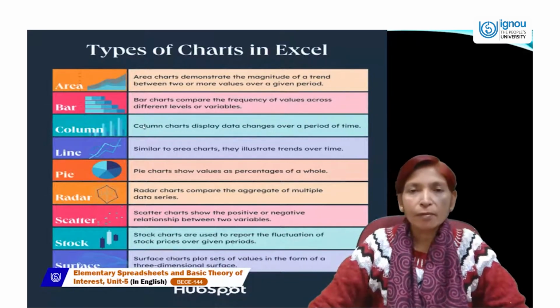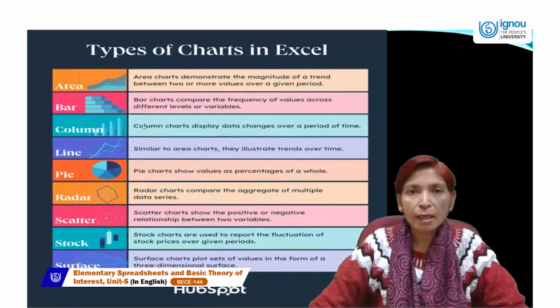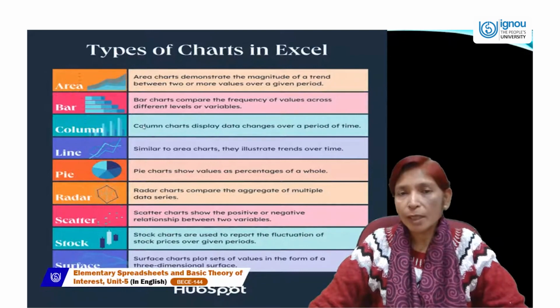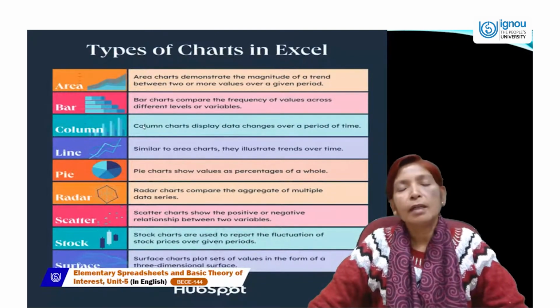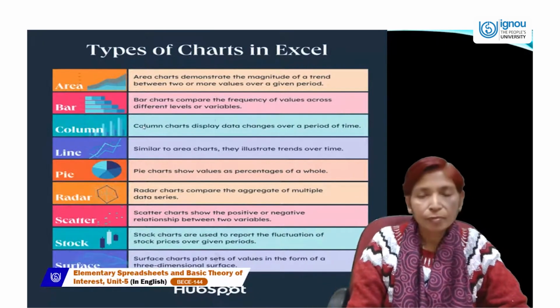There are types of dimension: one dimension, two dimension, and three dimension. So we can draw any type of diagram. If we use two dimension diagram, then we will use 2D. And if we want to draw three dimensional diagram, then we will use 3D.